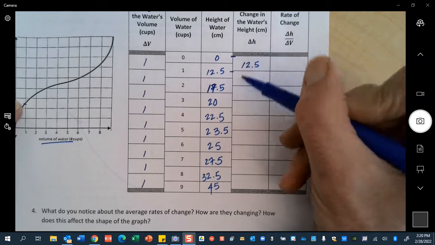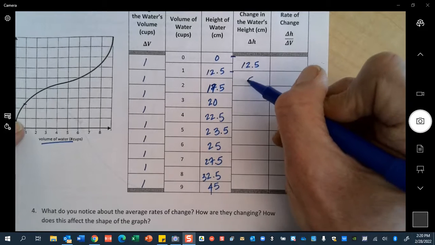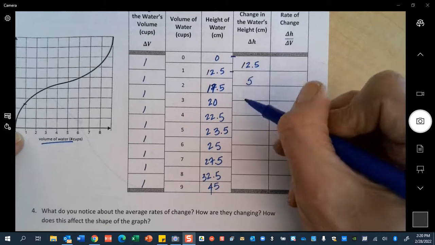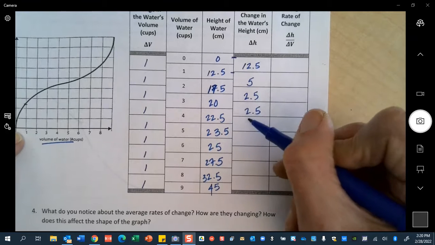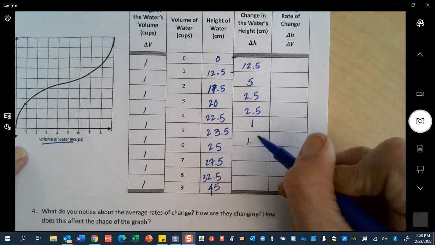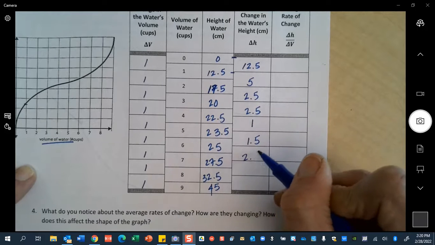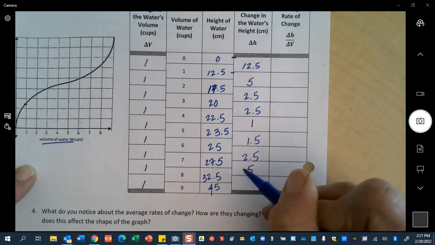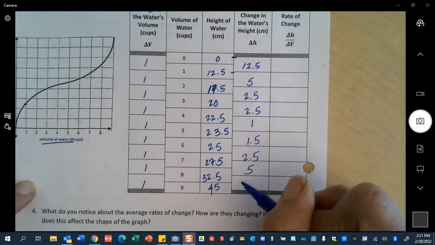So then my rate of change from 1 to 2 was 5, 2 to 3, 2.5, 2.5, 1, 1.5, 2.5, 5, and what's that, 10, 11, 12.5?